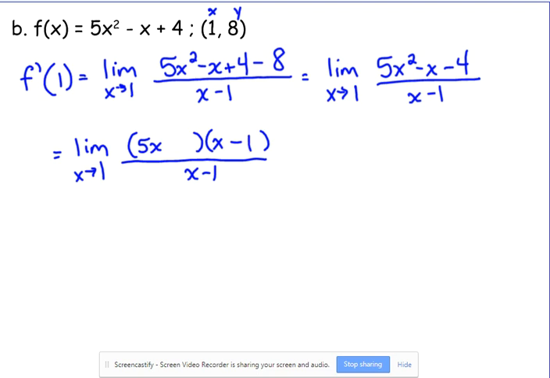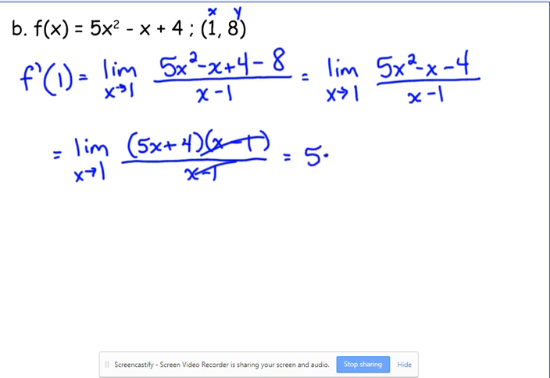So if x minus 1 is one of our factors, our other factor has to be 5x, because x times 5x is 5x squared. And this other number has to be 4, because 1 times 4 is the only thing that's going to give us 4. And it was a negative 4, so the 1's already negative, so that's got to be positive. Now you can, of course, go and check it, do the outside and the inside. Negative 5x plus 4x, that's negative x. So it does check out. So our x minus 1's cancel.